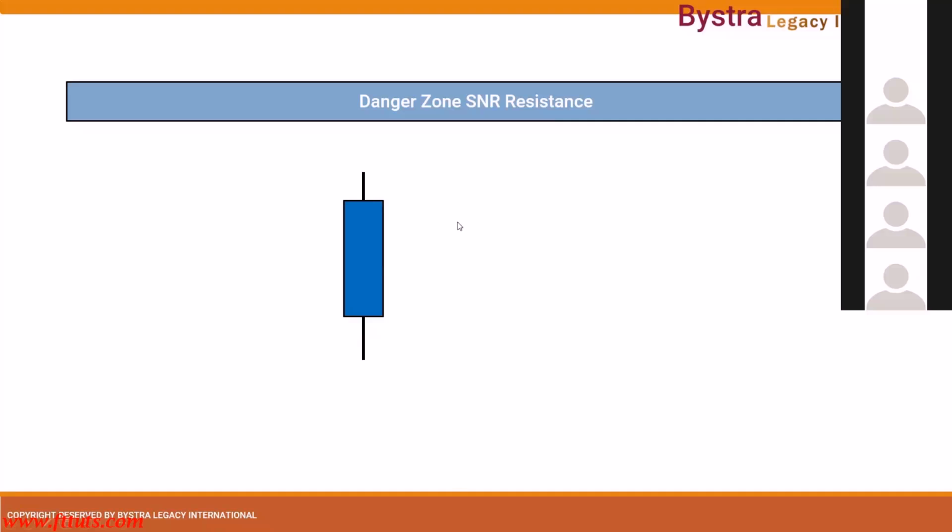So once price comes into this zone, touches this zone, and closes the candle like this, do you guys know what type of candle this is called? Anybody want to guess? Giving you a few seconds. Yeah, I hope somebody won't tell me that this is a bearish engulfing. Yeah. Doji.